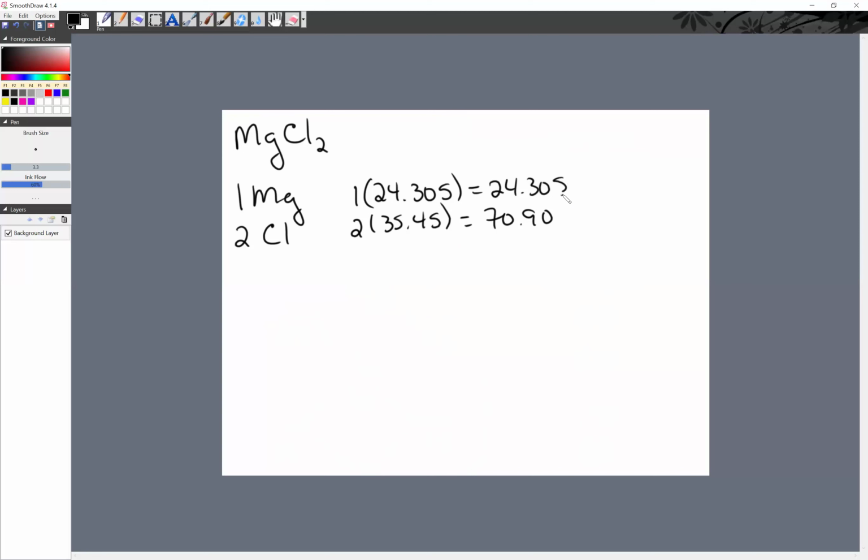And notice I limited myself, so I don't actually get to keep that last digit. And so those added together are 95.21. Am I talking about just the smallest ratio of one formula, or am I talking about a molecule? I'm just talking about one, so I'm going to put AMU.